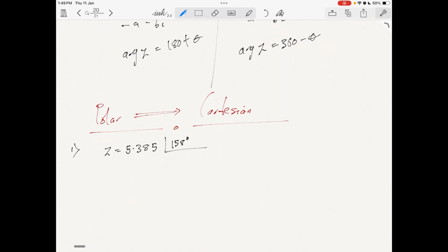Now in this case, all we just have to do is to recall that Z is equal to R into cos theta plus i sin theta. So Z will now be equal to, this is our R and this will be our theta, 5.385 into cos 158 degrees plus i sin 158 degrees.